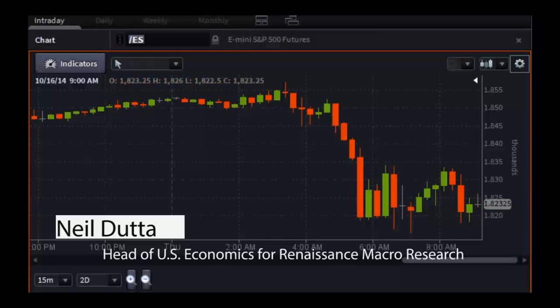There has been a clear improvement in the rate of payroll growth this year, no matter how you slice it. Whether you look at jobless claims, which we know are at cycle lows, or payroll employment, we were trending between 175 and 185,000, and now we've broken out to the upside. So I think it's pretty disingenuous on the part of some people to argue that there hasn't been a material improvement in labor market conditions.